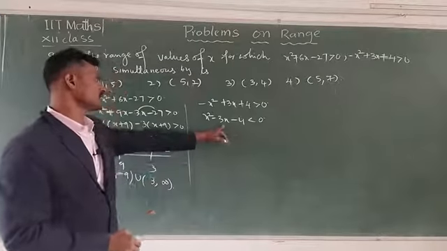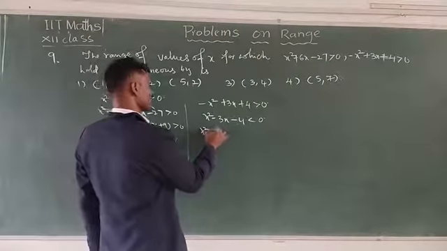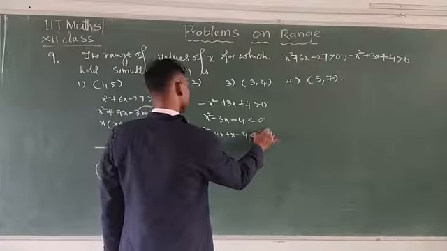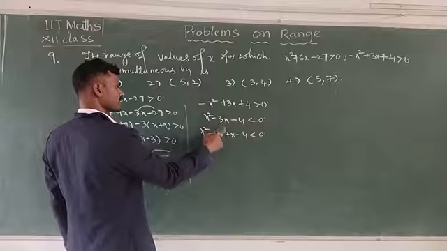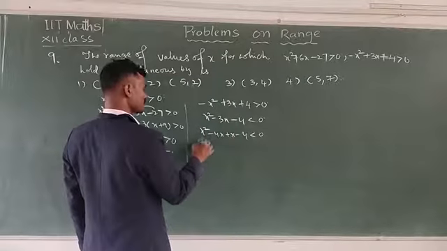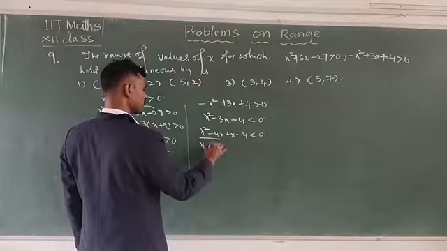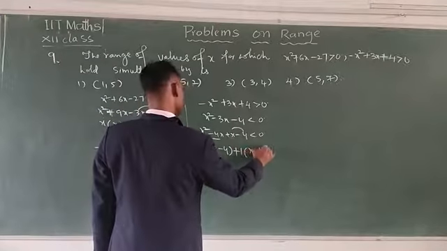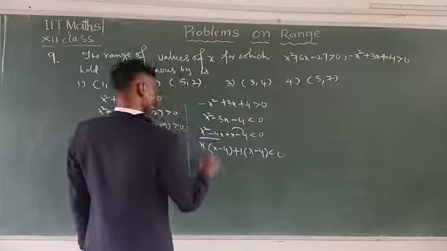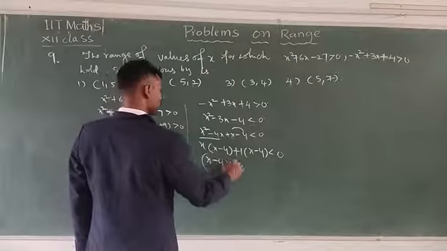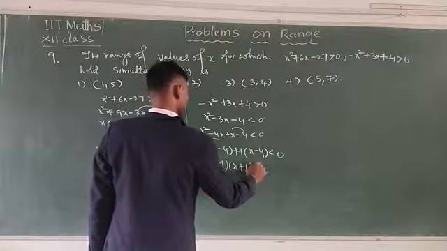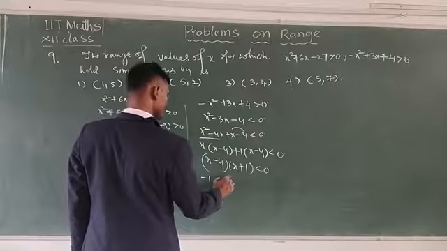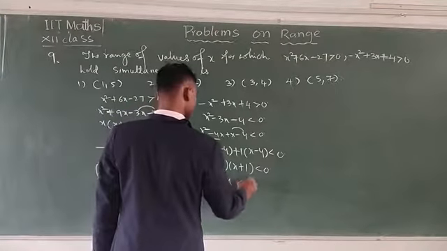Now split the middle term: x square minus 4x plus x minus 4 is less than 0, since minus 4 plus 1 is minus 3. In the first two terms take x common, x into (x minus 4), and in the last two terms take 1 common, 1 into (x minus 4). Here (x minus 4) is common to both, so (x minus 4)(x plus 1) is less than 0. Now this lies between minus 1 less than x less than 4.